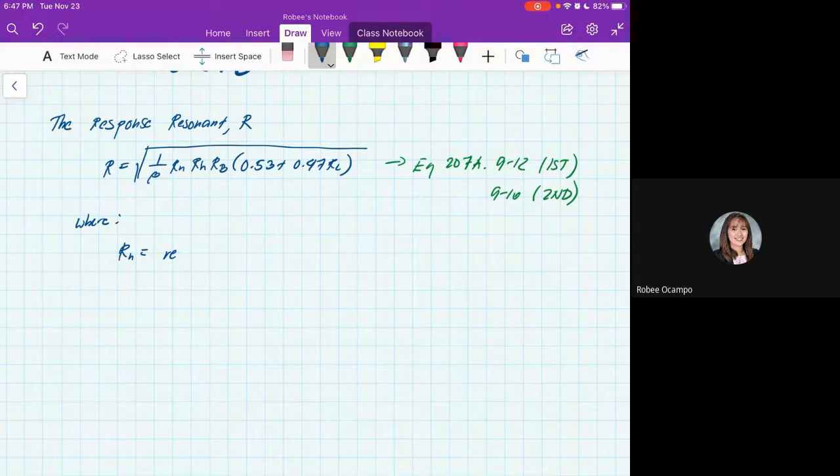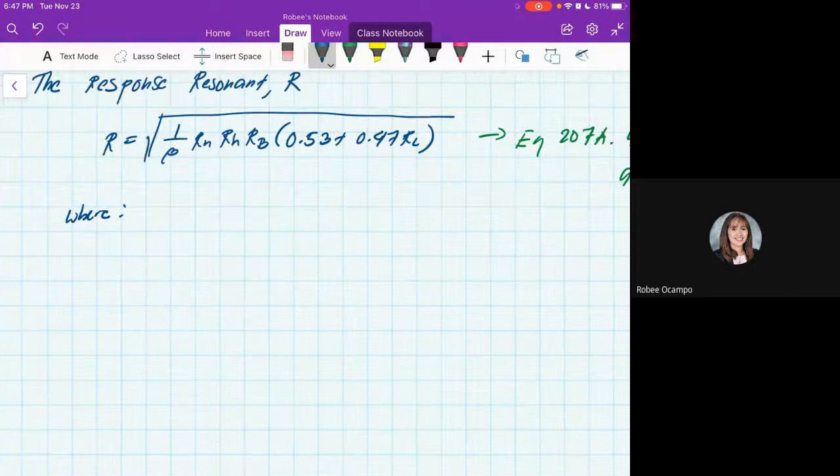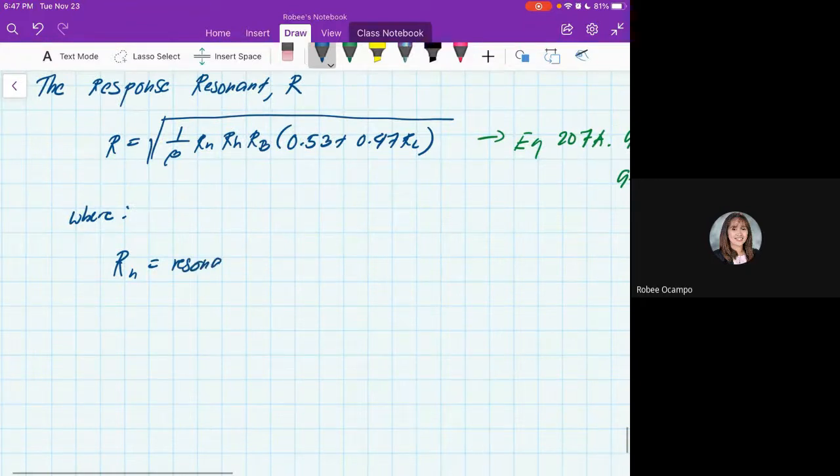Okay, now your Rn is the resonance factor for N. Okay?